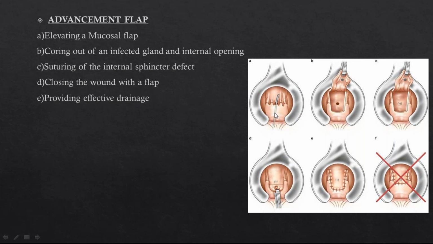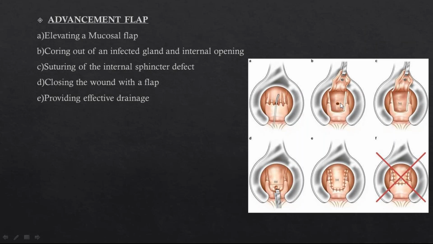In the advancement flap, a probe is passed from the external to the internal opening. Here he has given a U-shaped incision below the dentate line, and a mucosal flap is raised. So, elevating a mucosal flap is number one; then scoop out the infected gland and internal opening, where there will be some infection.